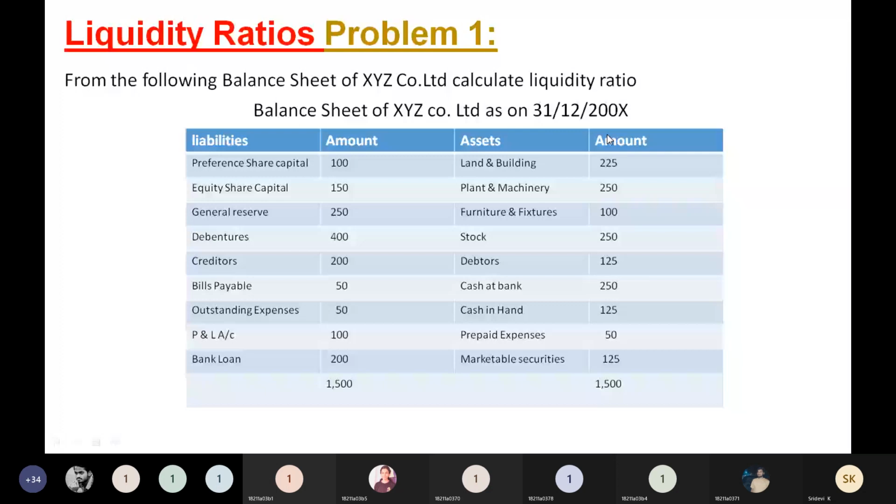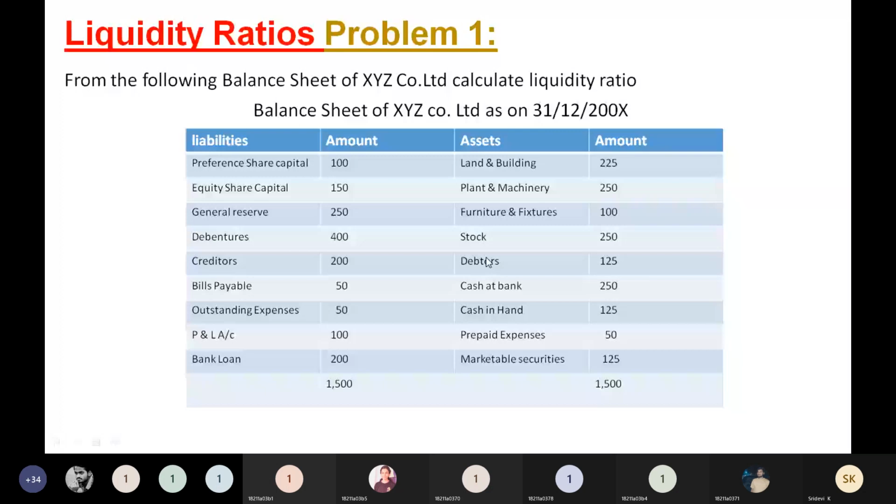From this, you have to divide the current assets and the fixed assets. Fixed assets you need not identify. You first identify the current assets. Stock will come, debtors, cash at bank, cash in hand, prepaid expenses, marketable securities.